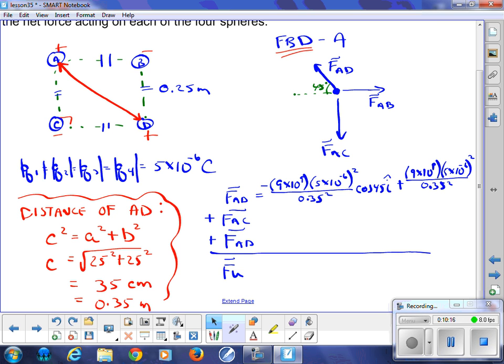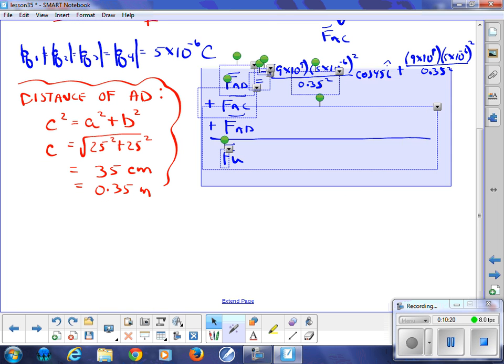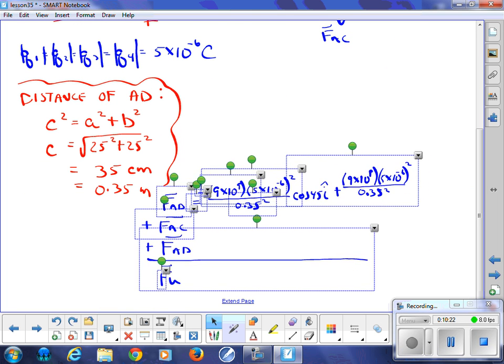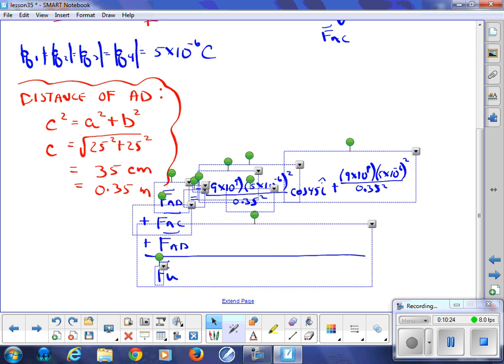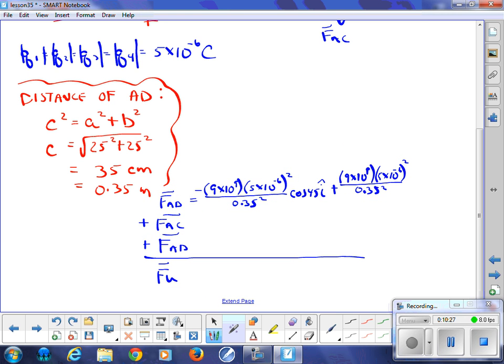I still don't have enough room here, so just extend that down for a sec. Then I have sine 45 J. So there is my FAD.